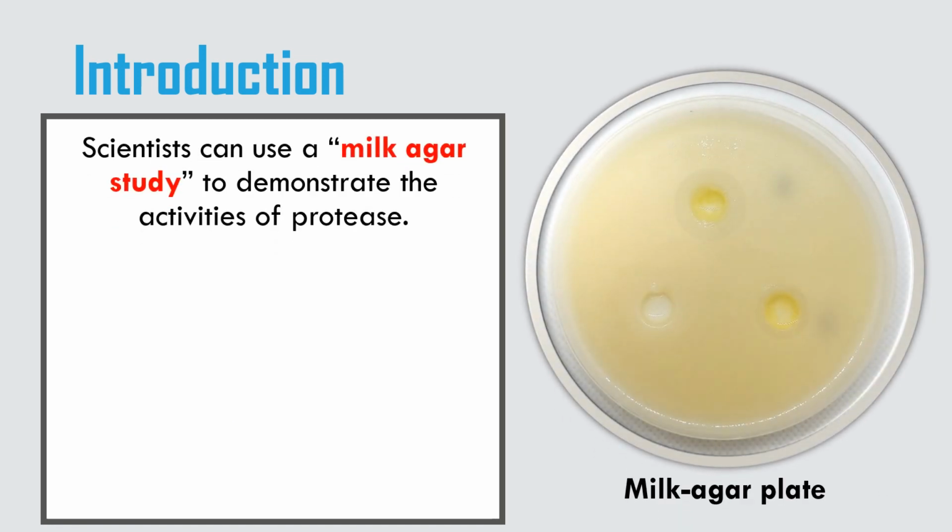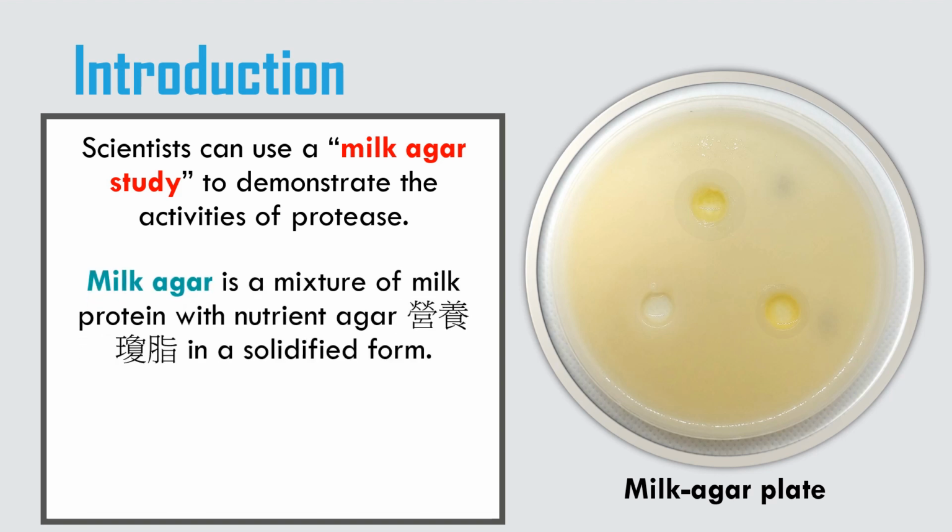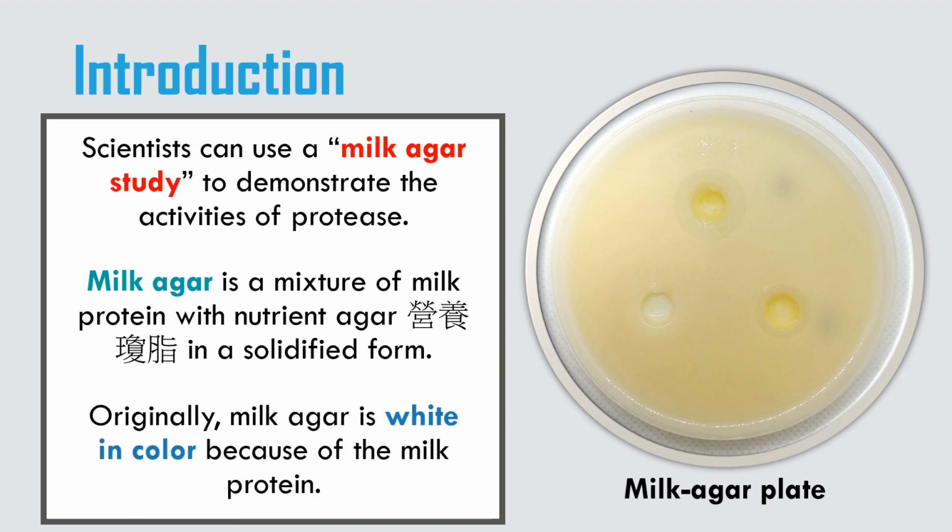In this project, scientists can use a milk agar study to demonstrate the activities of protease. Actually, milk agar is a mixture of milk protein with nutrient agar in a solidified form. And the milk agar is white in color because of the milk protein.